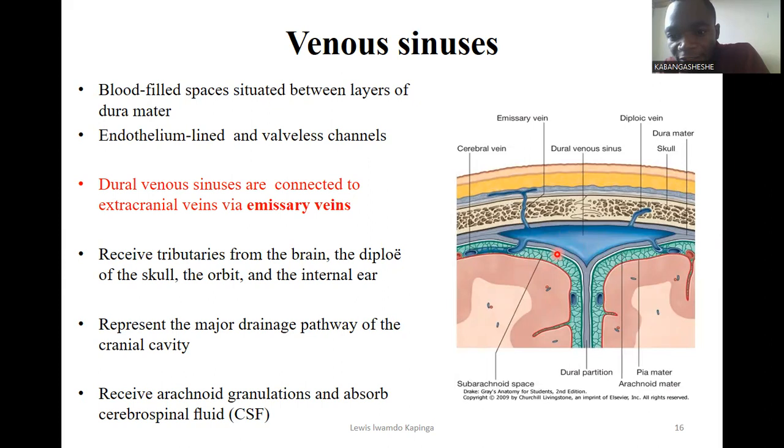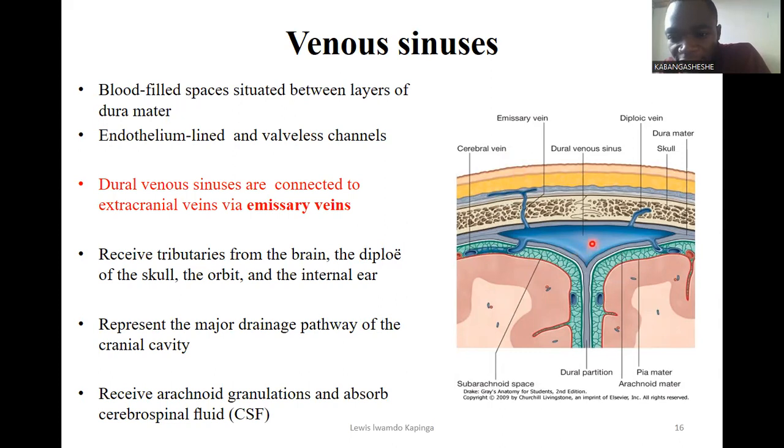All right. So what that means is that, for example, if there's infection of a hair follicle or any other infection in the skin here, and then pus forms and so on, that pus has living as well as dead microorganisms. Those microorganisms can find their way, spreading through these emissary veins, all the way into the central nervous system. This is outside the central nervous system. This is inside.